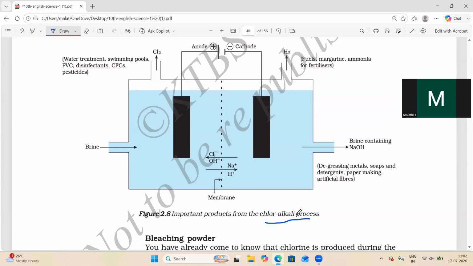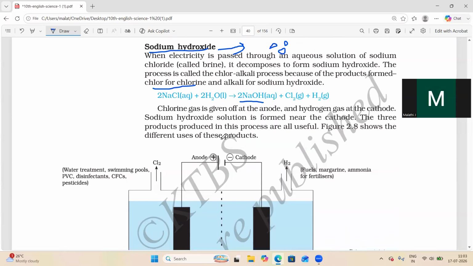Alkali means a base which is soluble in water. Then chlor means chlorine, which we are using here.